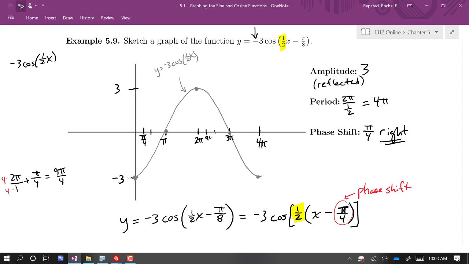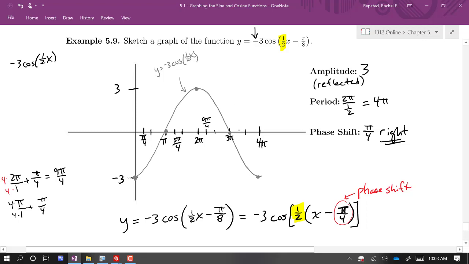So let me write that one above. Okay, and so I did that one. Oh, you know what? I forgot to do the one after pi. That's a quarter of the way in between. So pi plus pi over 4, that's 4 pi over 4 plus pi over 4 is 5 pi over 4.